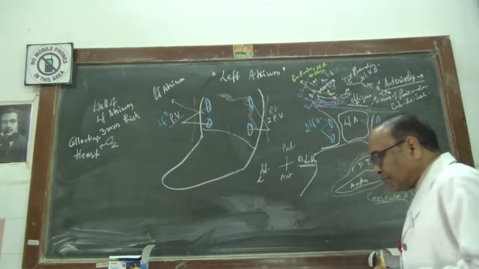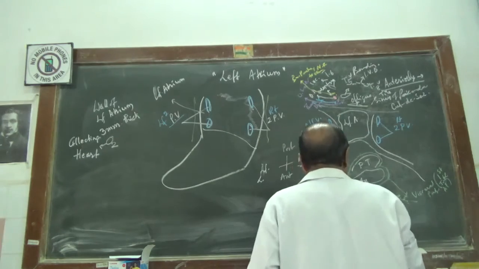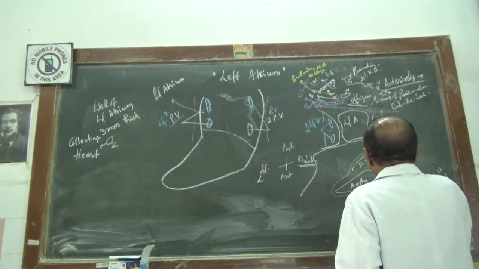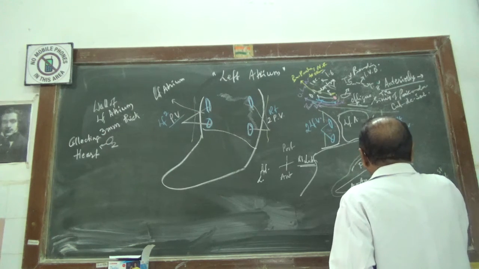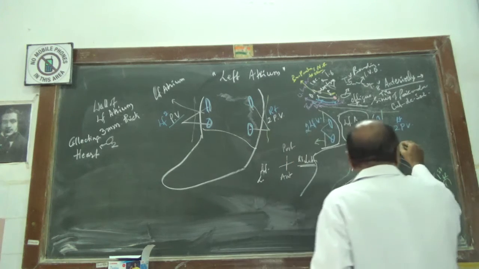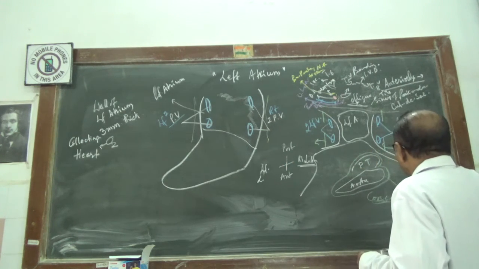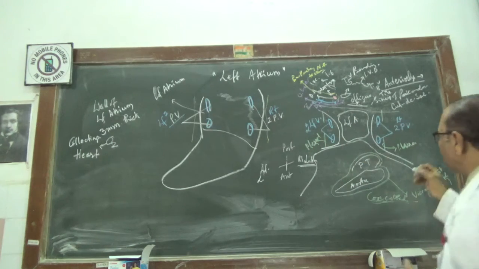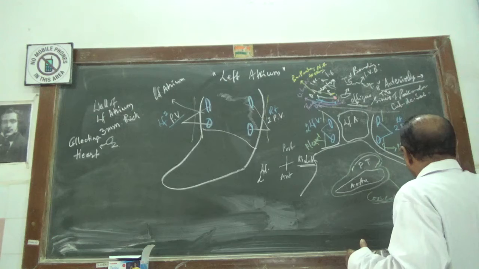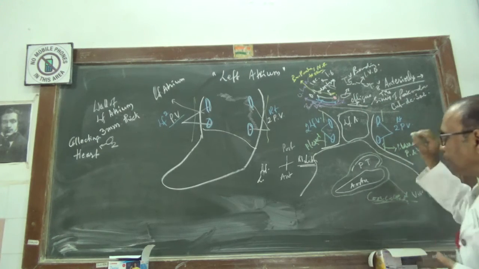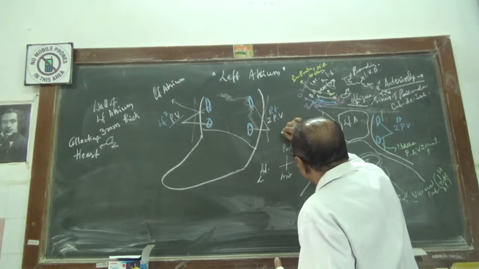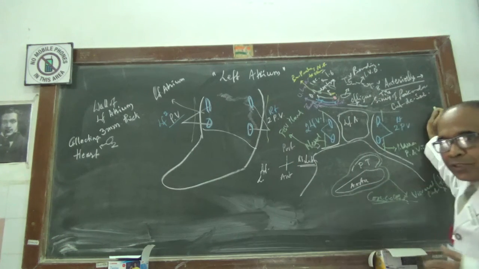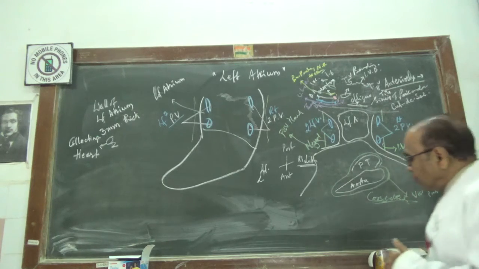Apart from that, it is also related to the respective roots of the lungs, and the pleura, which gives rise to the parietal and visceral pleura on each side.